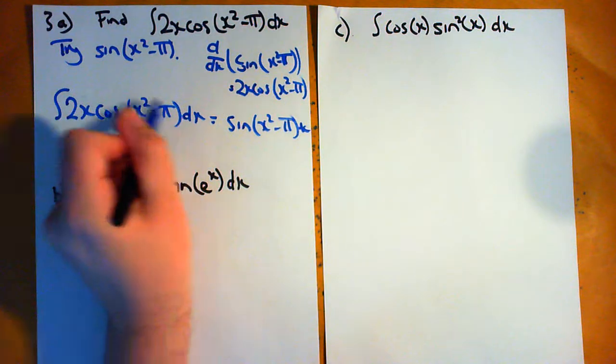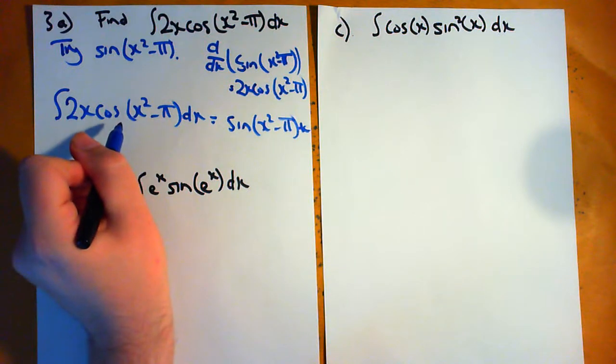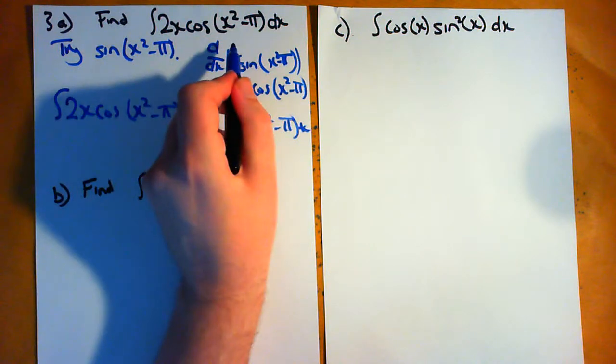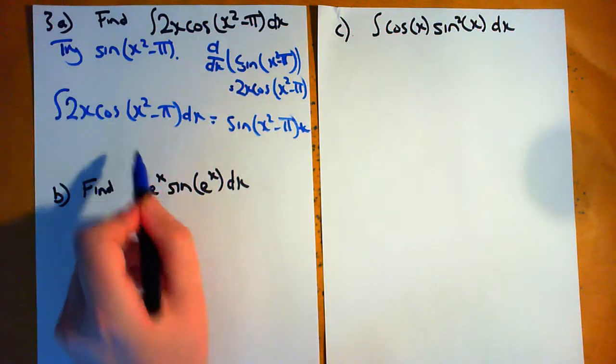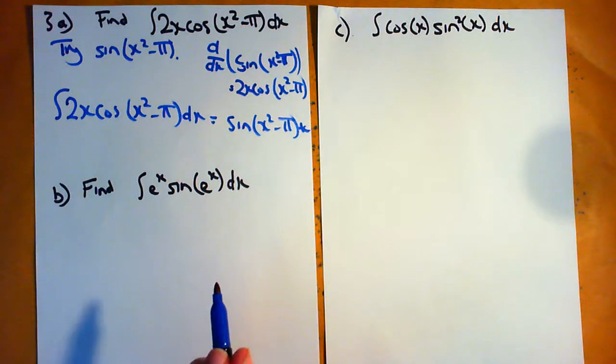Now, is this what we're actually trying to integrate? 2x cosine of x squared minus pi, 2x cosine of x squared minus pi. So they match, which means that your trial solution was bang on the money. Okay, so we've got our correct answer, the integral of 2x times cosine of x squared minus pi is sine of x squared minus pi.